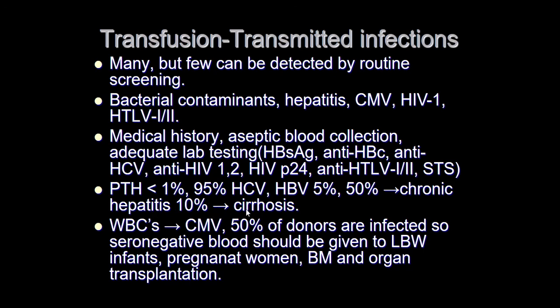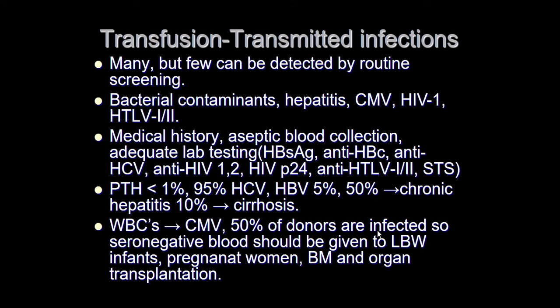And 10% of those could lead to cirrhosis of the liver. Usually, some infectious agents are carried in the white blood cells, like the cytomegalovirus, and 50% of donors are usually infected with cytomegalovirus.